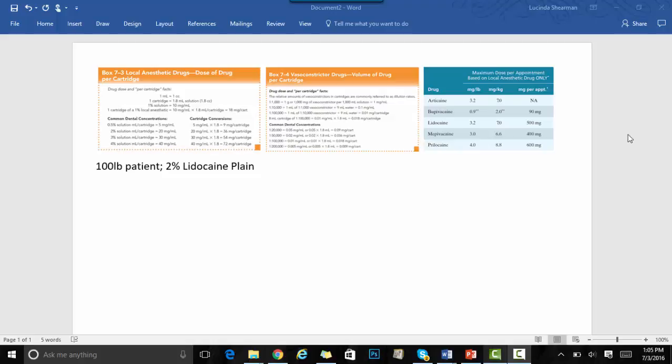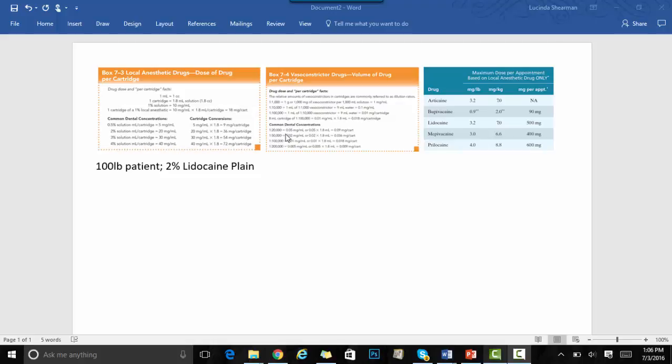To begin, you need to be familiar with several charts that are in your book. The first is Table 7.1, the maximum recommended dose per appointment, and it's found on page 89 in your book. Box 7.3 on page 90 is the drug dosages per cartridge based on the percentage of the anesthetic drug in the solution.